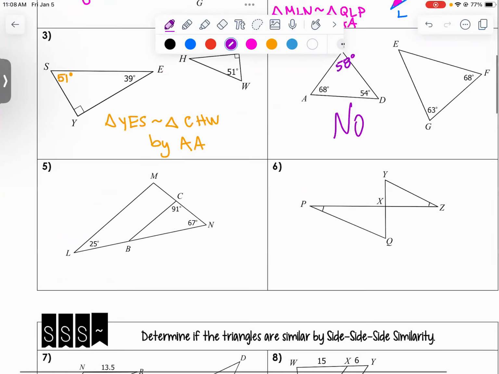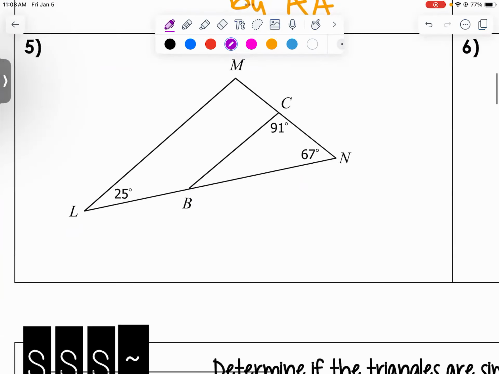Number 5 is another one where you might have to think about the big triangle and the little triangle. So I highlighted this purple triangle. These don't have parallel lines in them. What is the measure of angle M? What's 180 minus 67 and 25? 88.